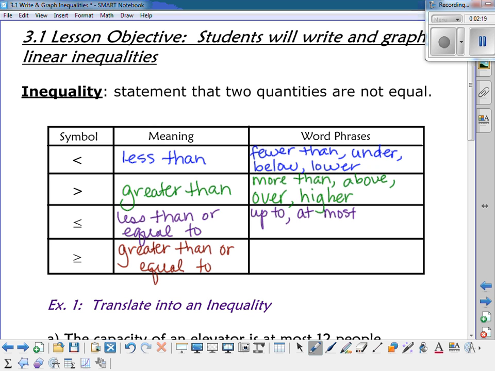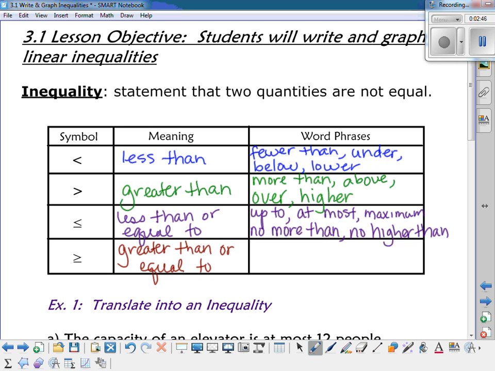You could spend a maximum of $20. You could spend no more than $20, or no higher than. So those are all phrases that could show up in a less than or equal to situation.